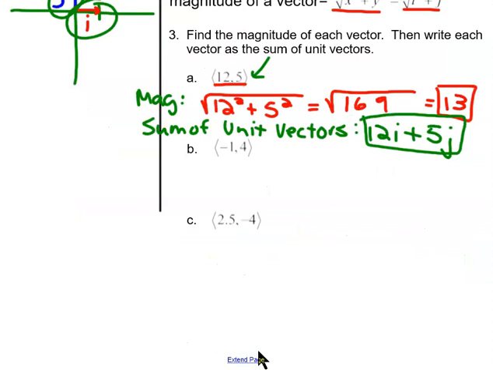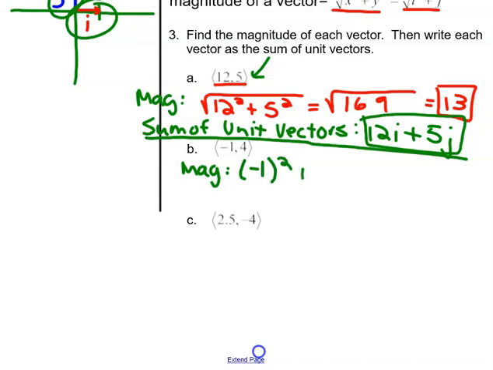We'll just do a couple others. So magnitude is I take my x value and square it. I take my y value and square it. And then we take the square root. So it is 1 plus 16. And the square root of 17 is about 4.1.